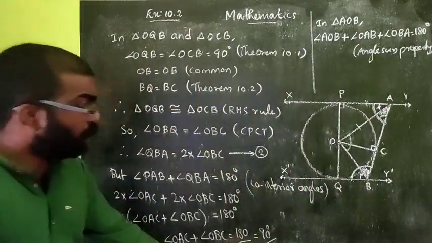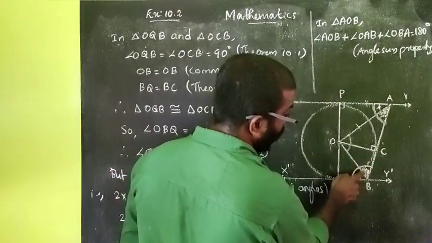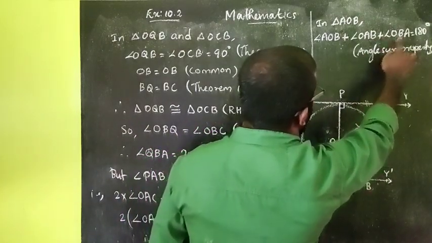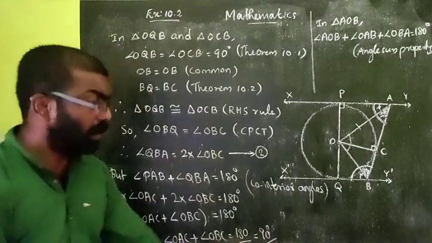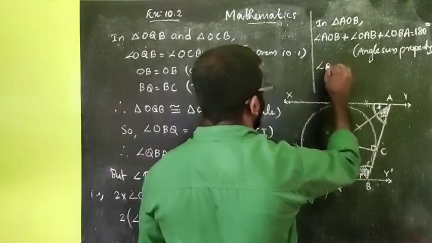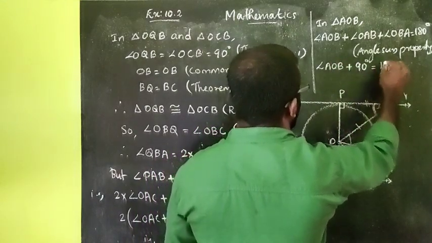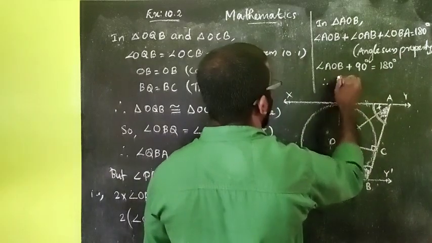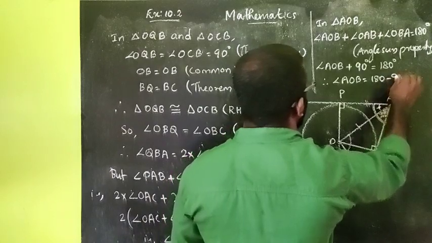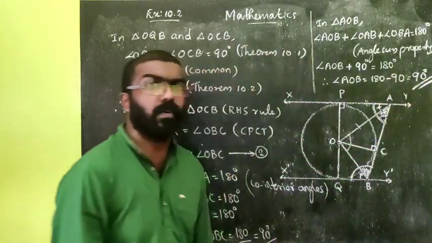And OBC, this angle, it is same as OBA. So OAB plus OBA will be equal to 90 degree. So here we can write angle AOB plus 90 degree equal to 180 degree. Therefore angle AOB equal to 180 minus 90, which gives 90 degree. That we have to prove.